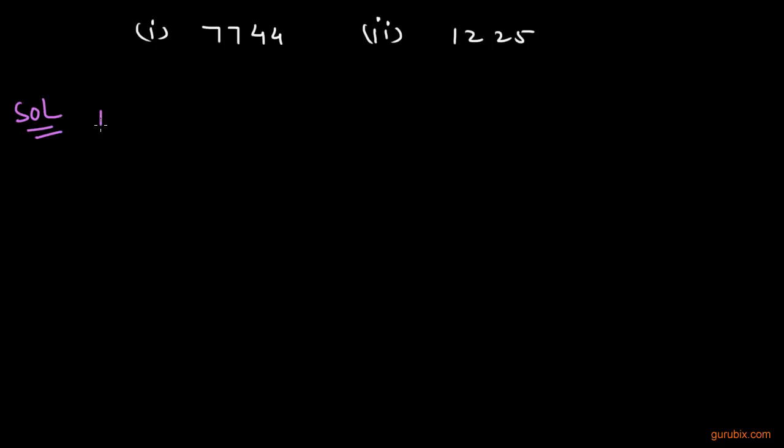First of all, we shall start with part 1 of the example, and in part 1 we are given a number 7744. First of all, we shall resolve this number into its prime factors like this.